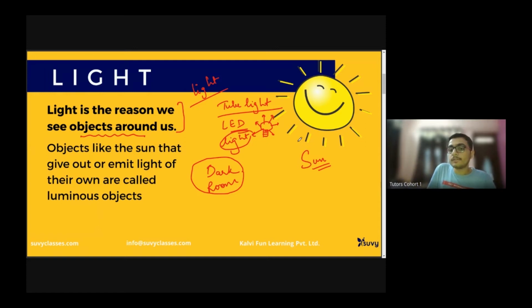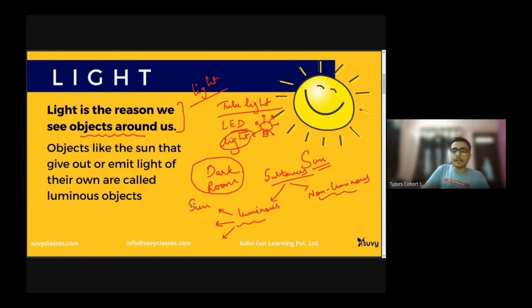So we can divide substances into two categories. First one are luminous, and others are non-luminous. So what are luminous substances, children? Substances that emit light. For example, the sun emits light, right? Yes or no? Yes, sir. Yes, very good.